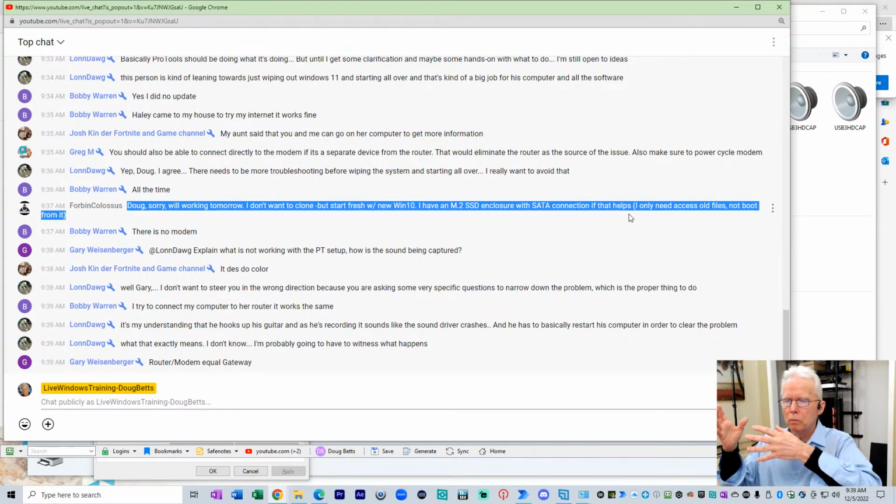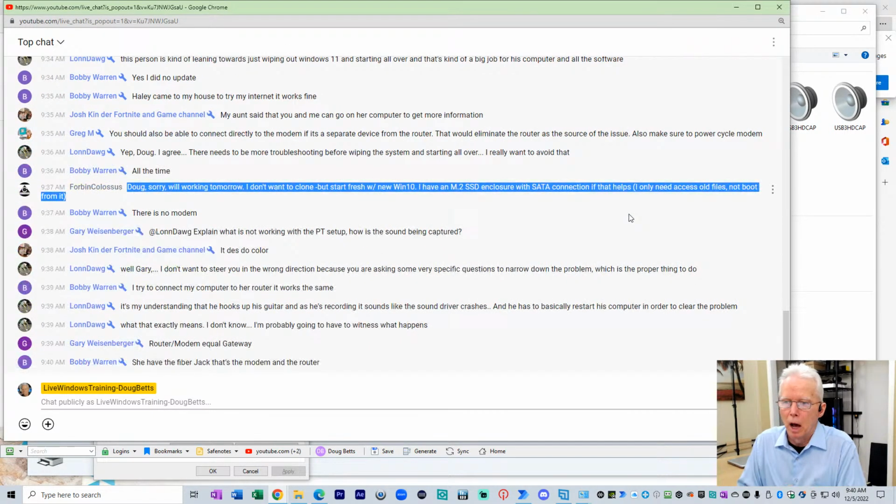You should create a USB installation media of Windows 10, and then install the new M.2 in the computer, remove or disconnect any other drives, and then do a fresh install. You just boot to that USB drive and it's automatically going to walk you through installing Windows 10 on that new M.2. Really, that's all there is to it.